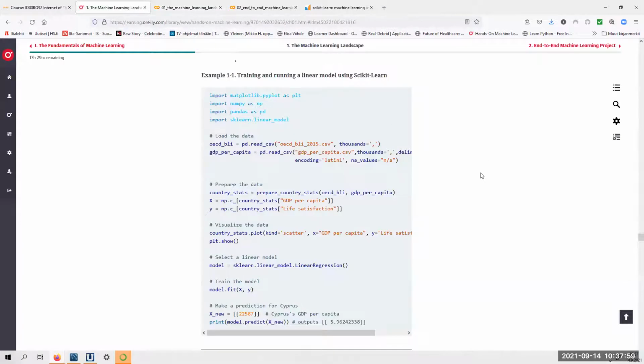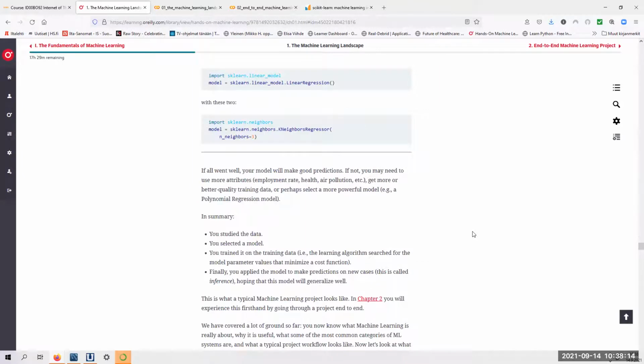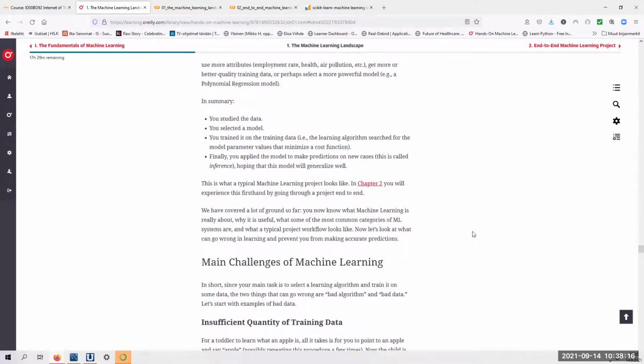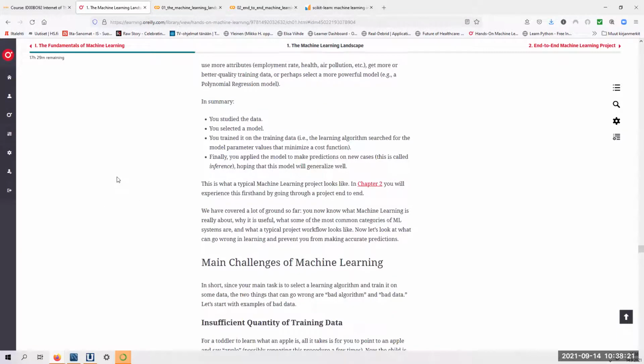Okay, please ask if you have anything to ask. Hopefully this is quite simple. So the main steps we have taken so far, which can be generalized to any data: we study the data, select a model, and then we train the model on the training data.